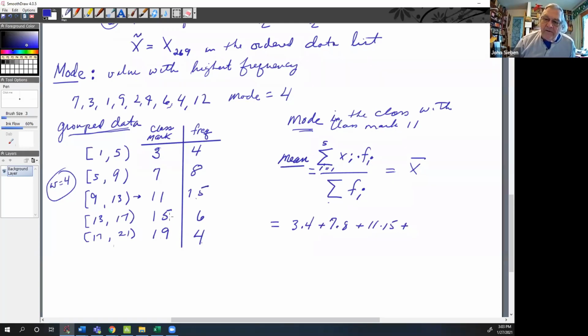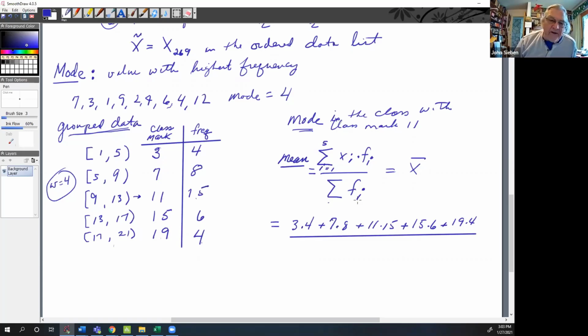We move on. 15 times 6. And 19 times 4. So there's the numerator.